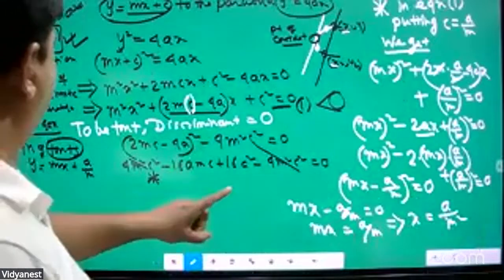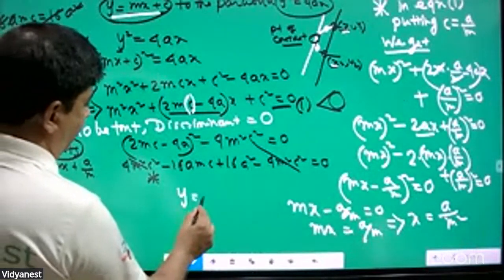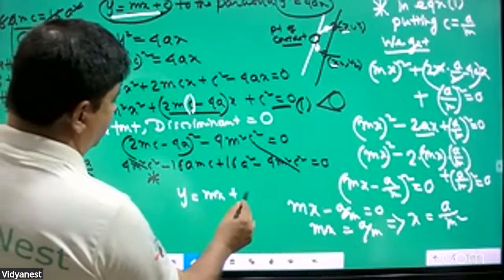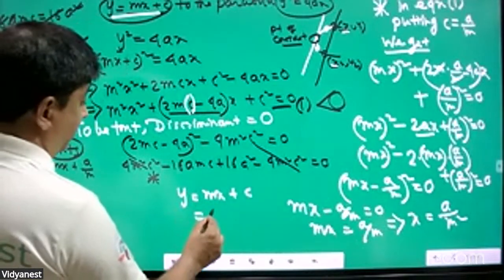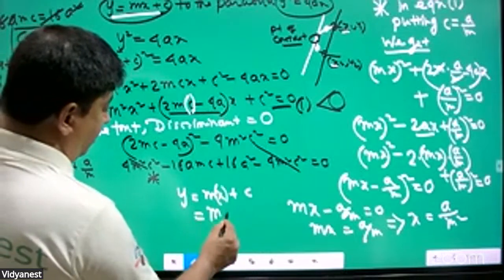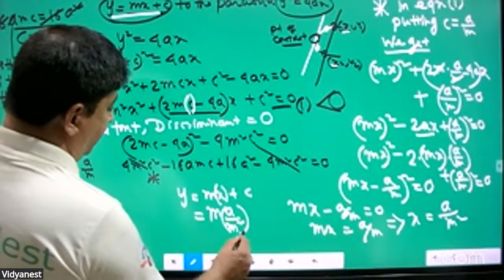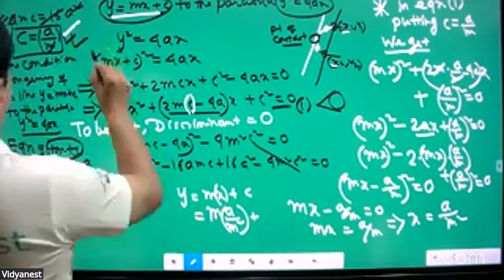Once you get x is equal to a by m square, you put it in y is equal to mx plus c, with m in place of x, a by m square. c means a by m.